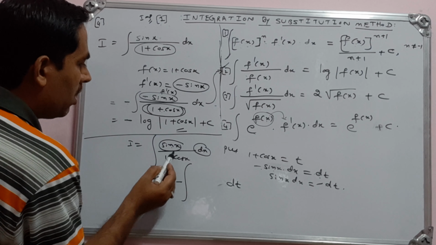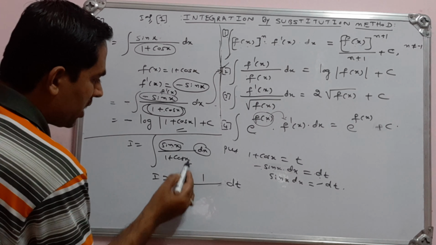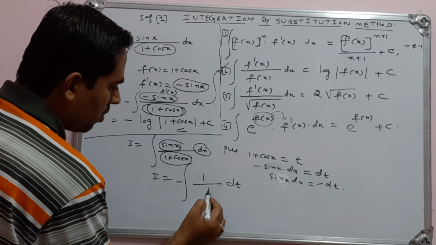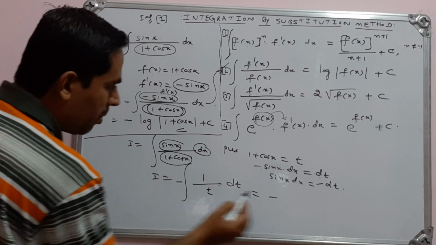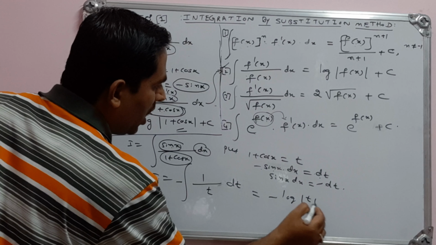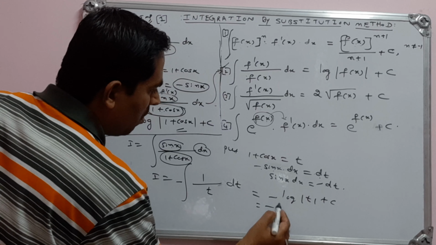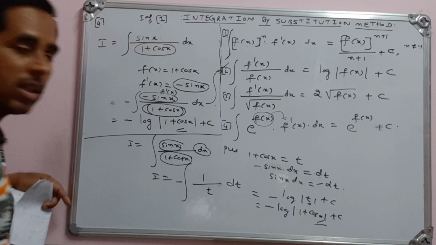Then 1 by 1 plus cos x means I have substituted t. So it is minus the integration of 1 by t, which is log t. So minus log t, where t means 1 plus cos x, plus c. We get the same answer.